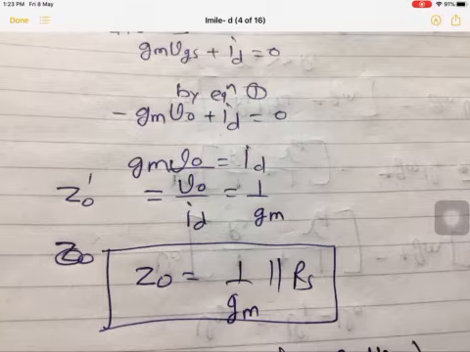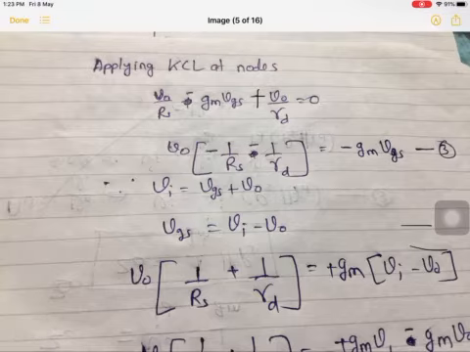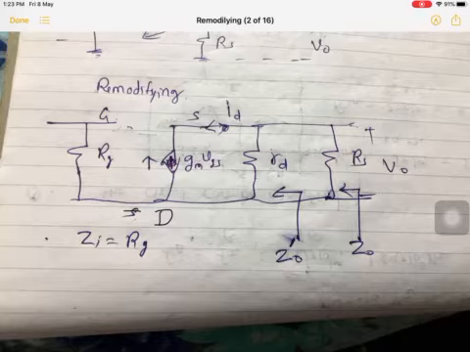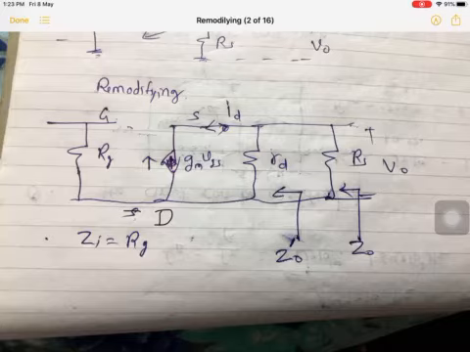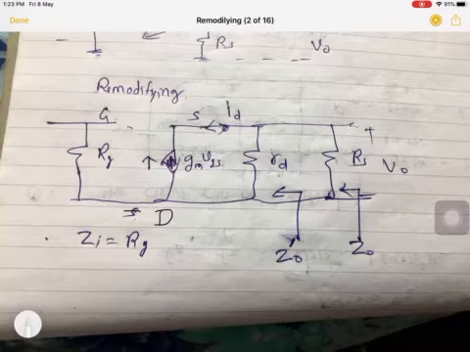Now to calculate the voltage gain, again applying KCL at node S. V0 by RS plus V0 by RD plus ID, or I can replace ID with gm VGS.